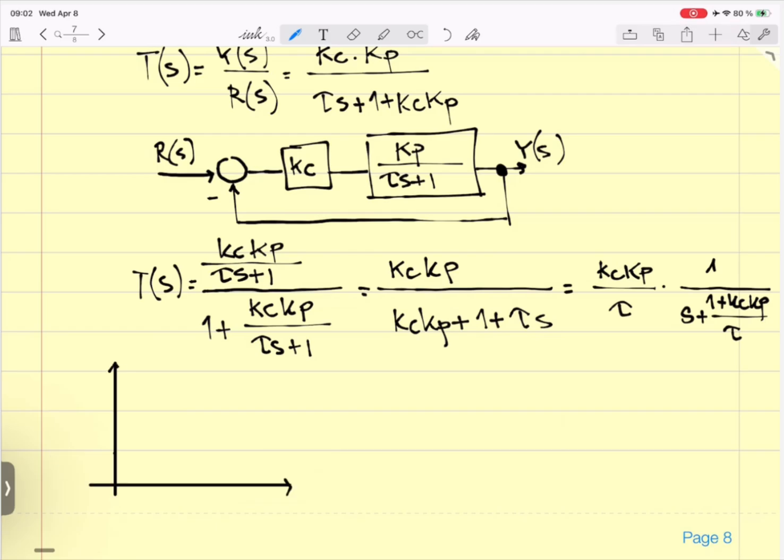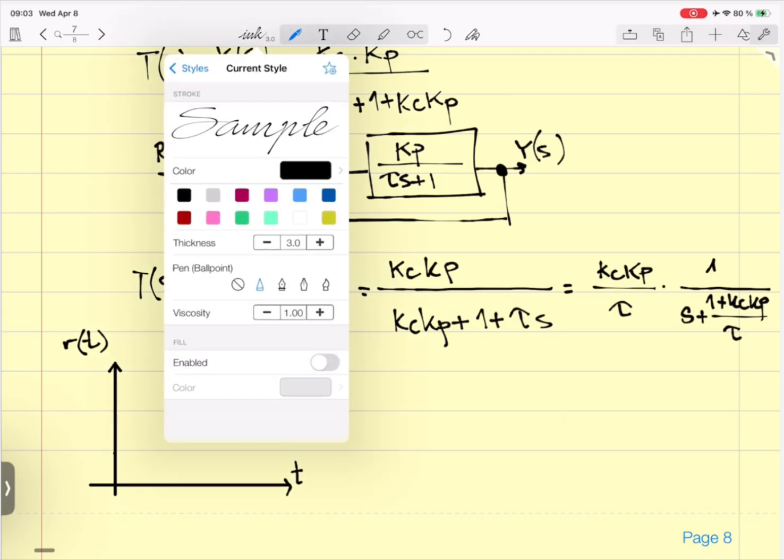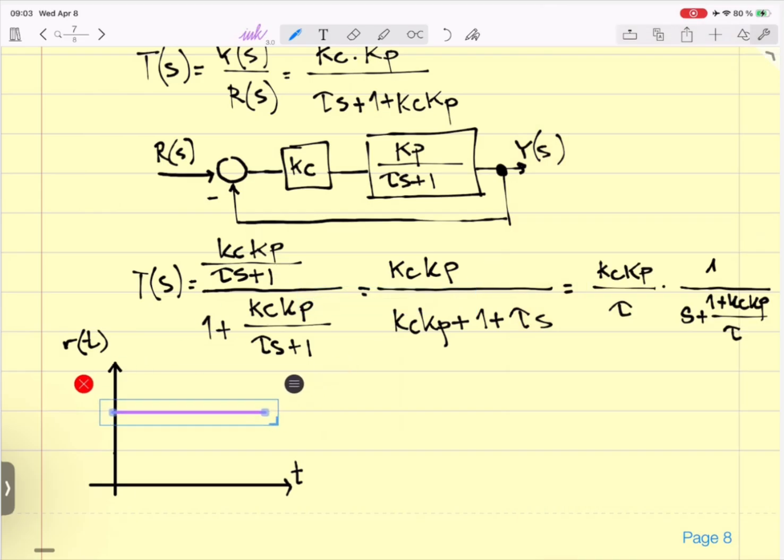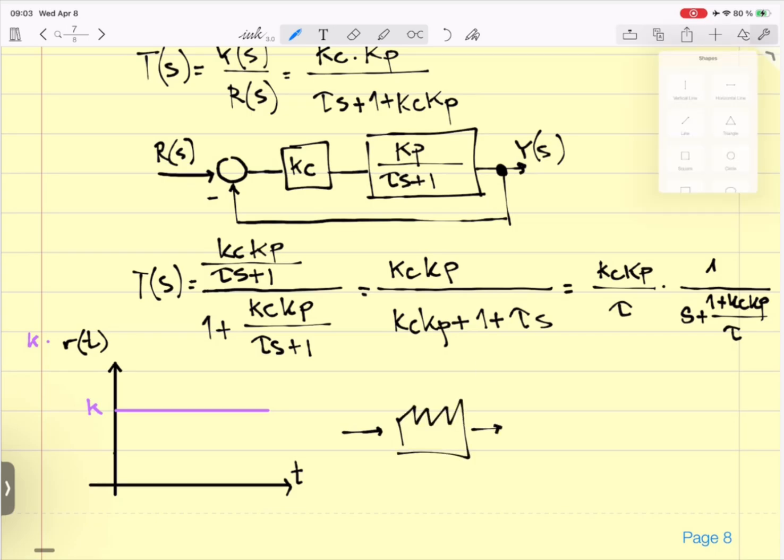If we have a step input r of t, and then create, let's say, a step input k, the question that arises is how this closed feedback loop is going to change the response as compared with the above, with the open loop.